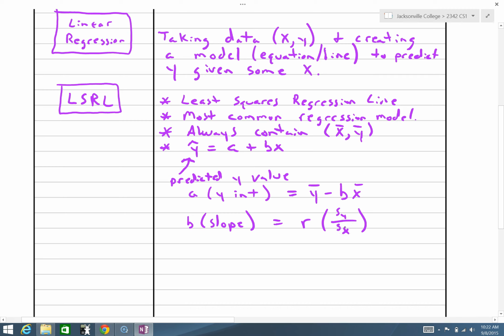In part 2 of the video, I will show you a couple of ways we will use technology to find this least square regression line.